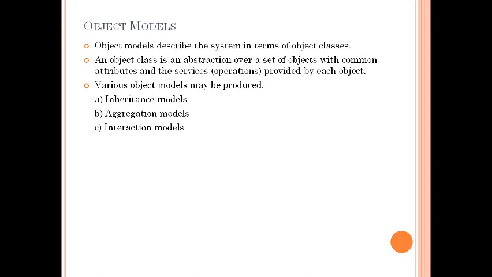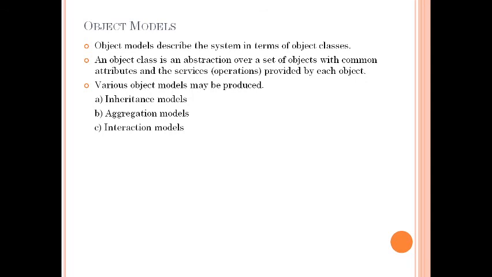Here, the object model or object class identification is recognized as a difficult process, as it requires a deep understanding of the application domain, because we should know the complete system, the complete application, and which are the different objects of that application.